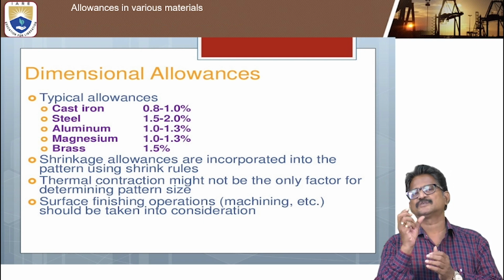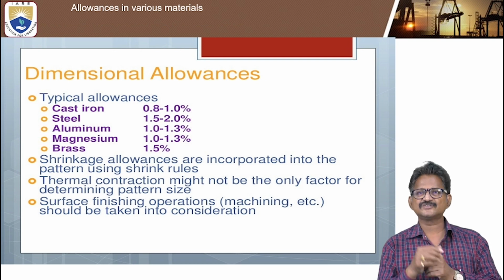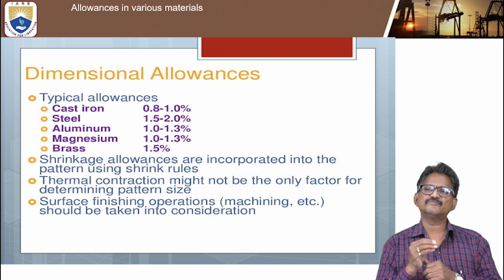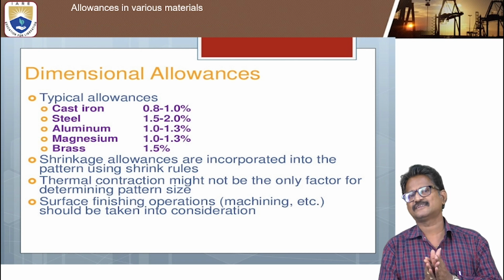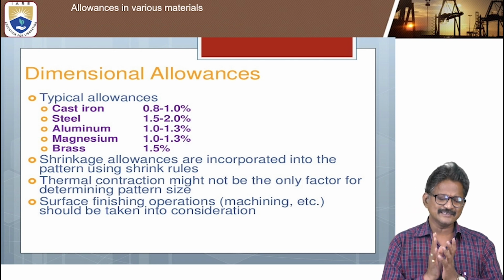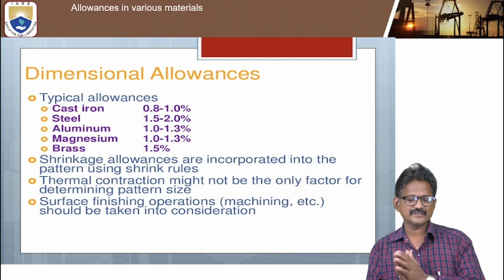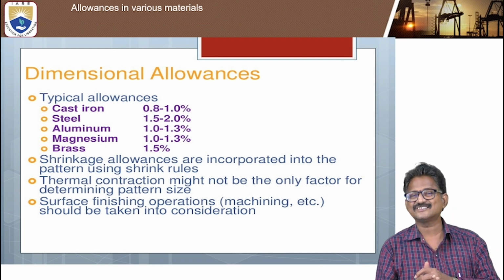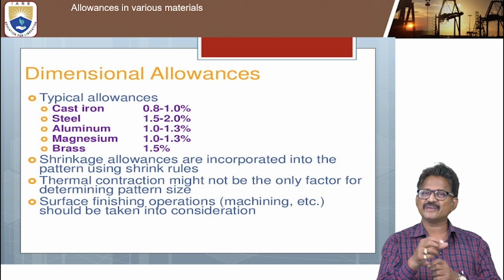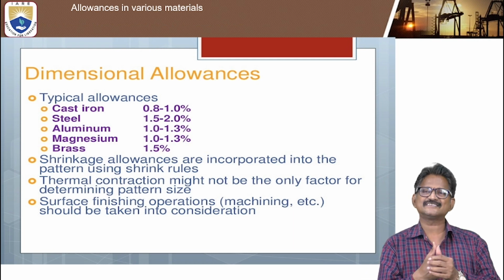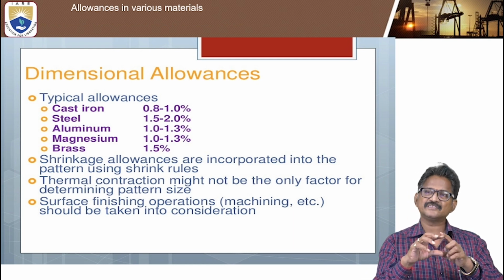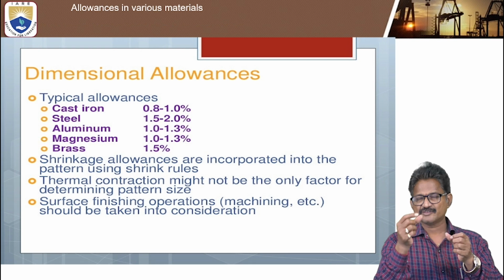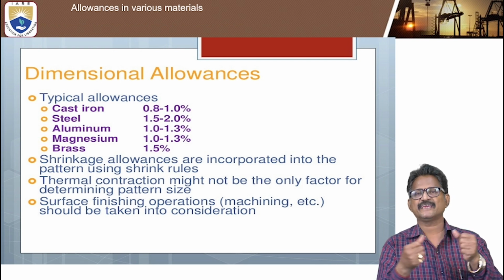These are the specified allowances that should be considered while making the pattern and in pattern design. In general, shrinkage allowances are incorporated into the pattern by using shrink rules. Shrink rules mean that whenever there is expansion or contraction, an external part will contract and an internal part may expand.